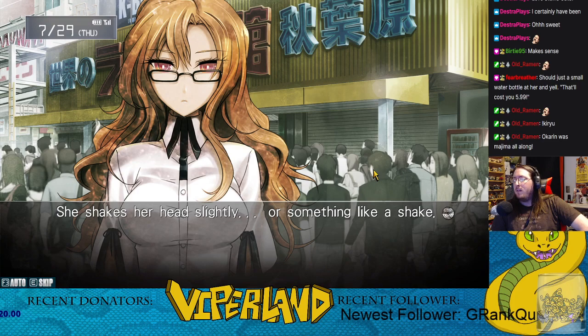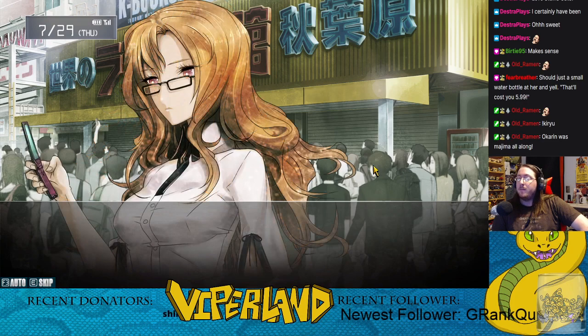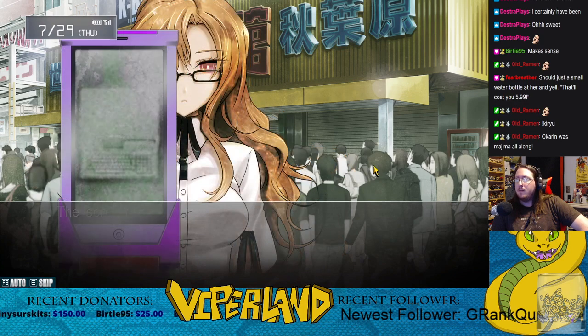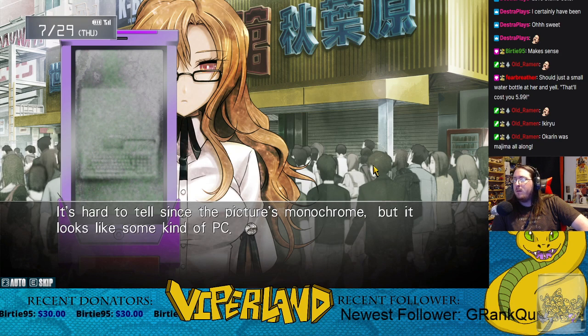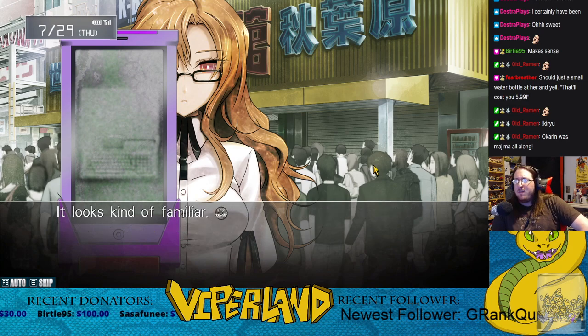She shakes her head slightly, or something like a shake. No. This... She turns her phone towards me. Screen shows an oddly shaped computer. It's hard to tell since the picture is monochrome, but it looks like some kind of PC. Looks kind of familiar. It's an IBM 5100.